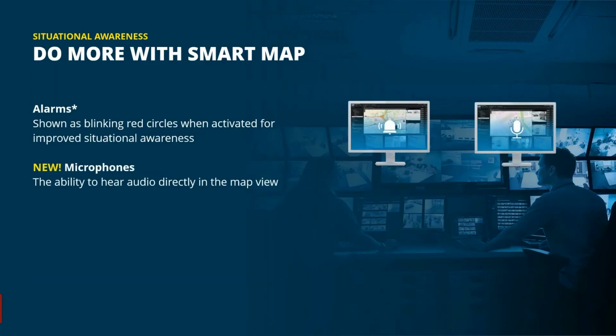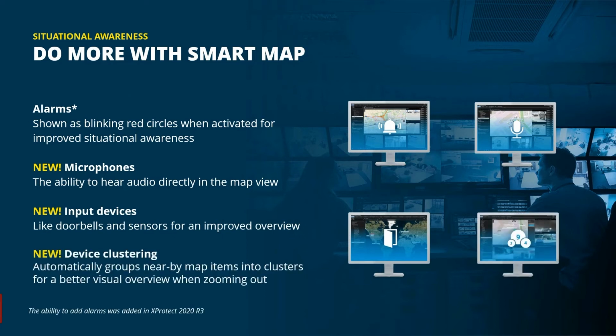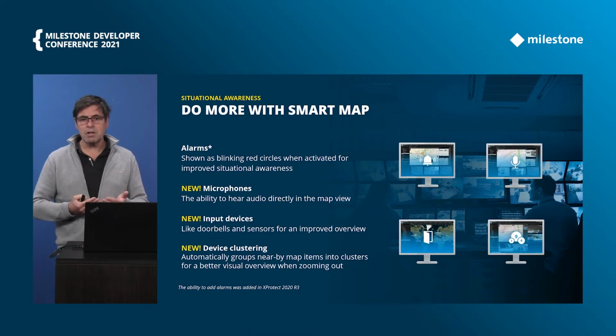First thing we should touch upon is what we have done in the space of situational awareness. Here we have been working with the smart map and added additional capabilities into the augmentation of devices and other objects into the smart map.